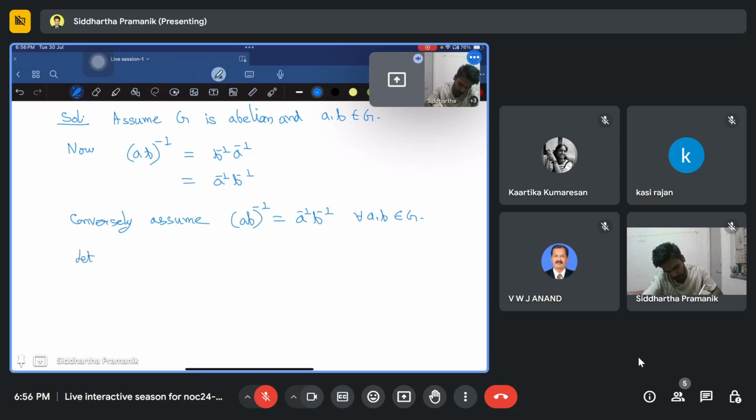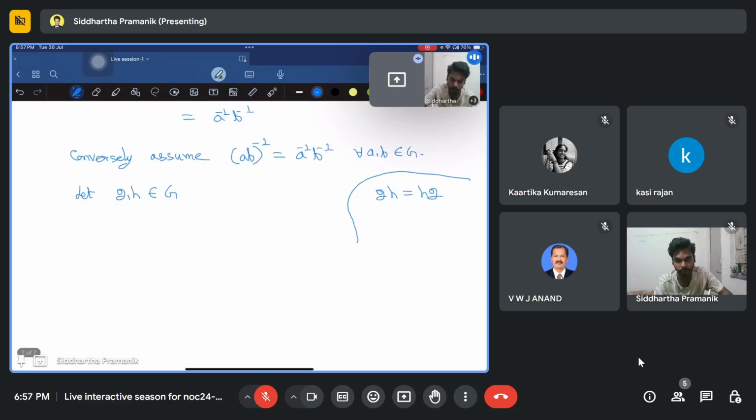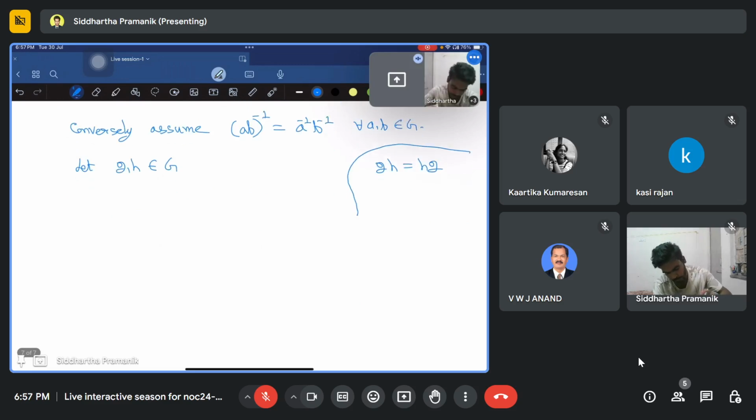Let g and h belong to G. What we need to prove is gh equals hg. Okay, just keep this in your mind so that we can keep track of our goal. So these are two arbitrary elements of G. Then by this given condition we can write inverse of gh is the same as g inverse h inverse.